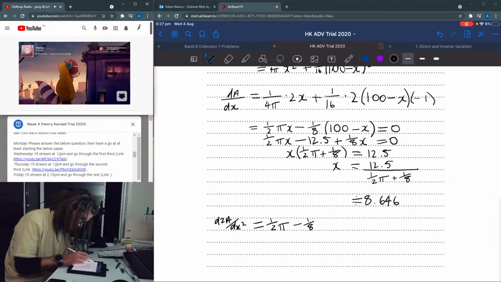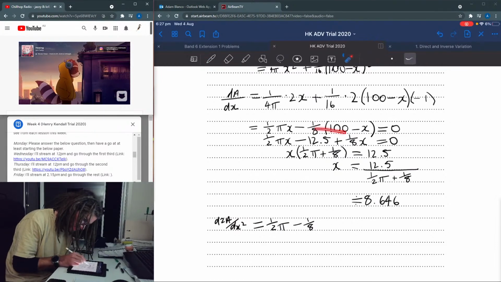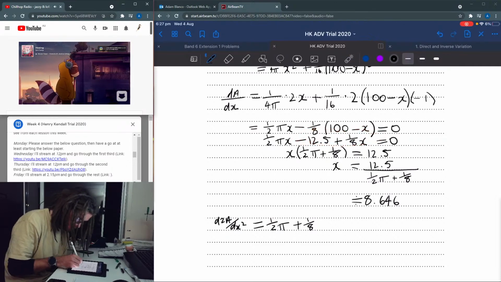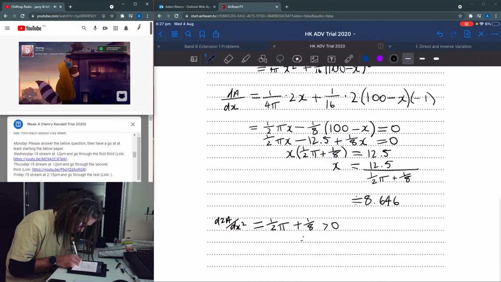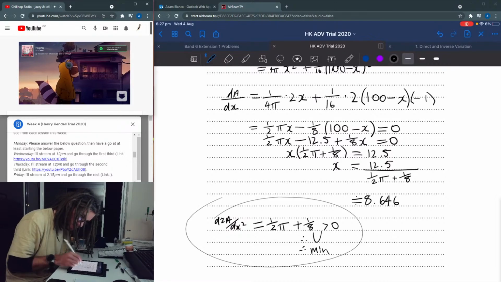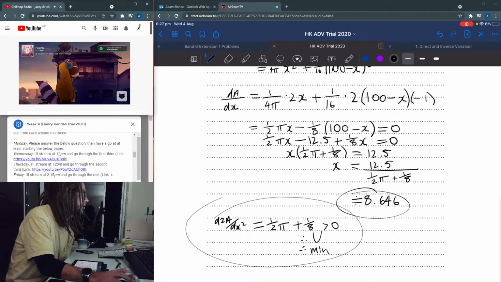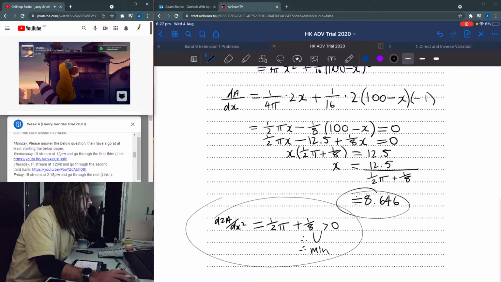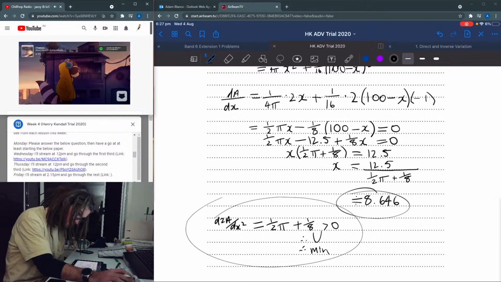Actually, can I just use this expanded version? Let's use this part. Oh, plus 1 on 8. That's it. And that's positive, which is greater than 0. Therefore, it's a minimum. There's my proof, and that's my x value. Is that right? Please, please, have mercy.